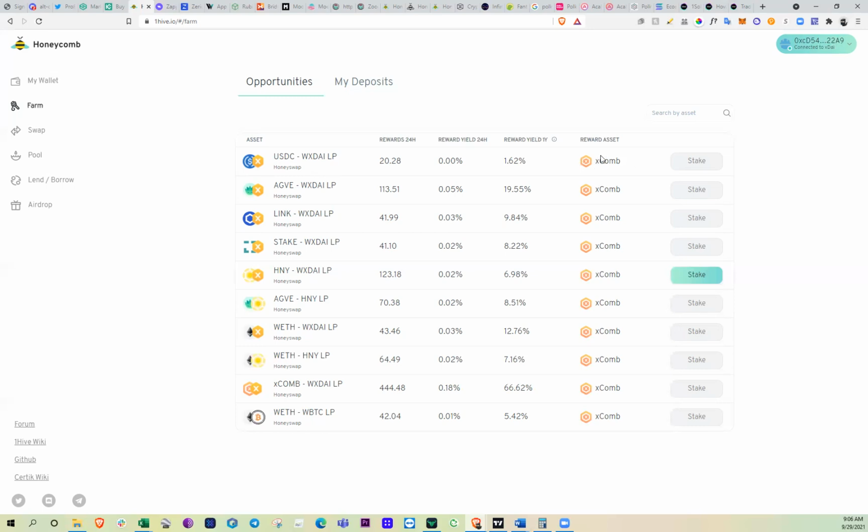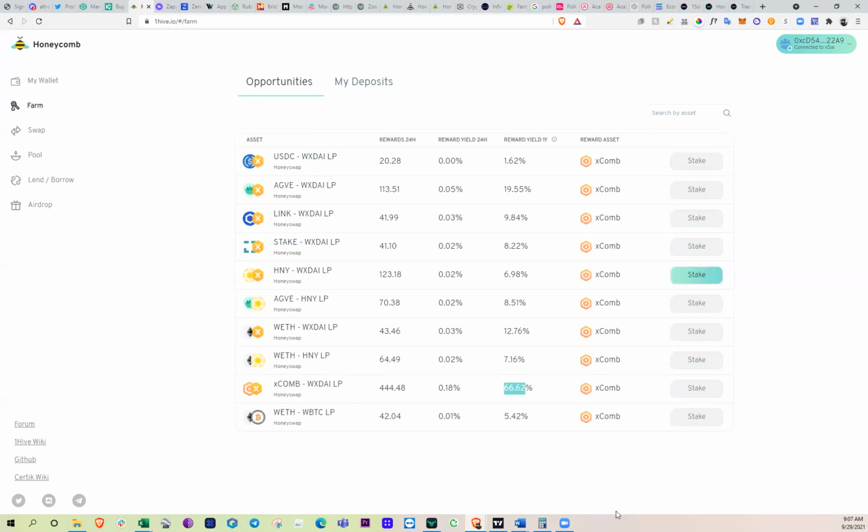You get this XComb token and you redo the same thing again. You look here and you see, hey, XComb and WXDAI, right? Wrapped DAI. So I'm gonna go stake some XComb and some of my wrapped DAI so I could get the XComb wrapped DAI liquidity provider token. And then I'm gonna come farm it here to earn 66% of the XComb.